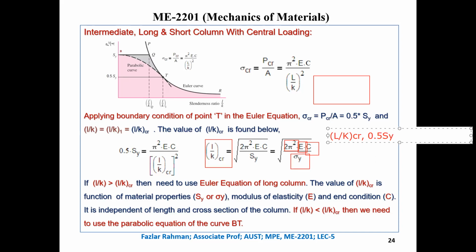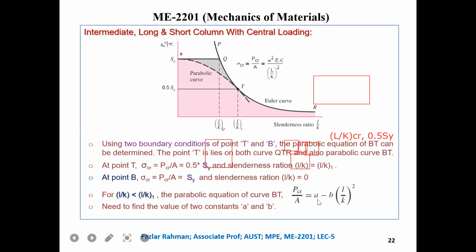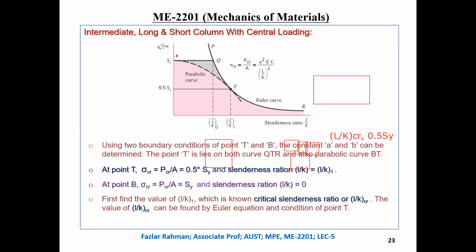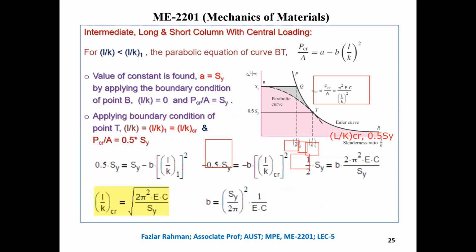This is my condition for point T. And this condition will apply in this equation right over here. We already got value of A. Value of A become SY, right? So I should mention somewhere that we got value of A right over here. Now we just need to figure out the constant value of B.